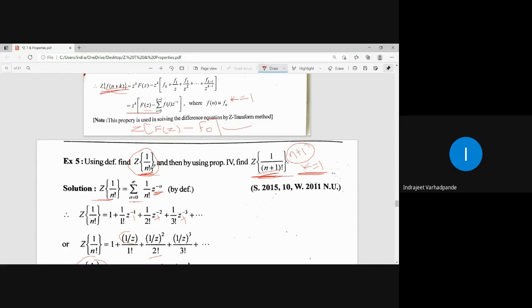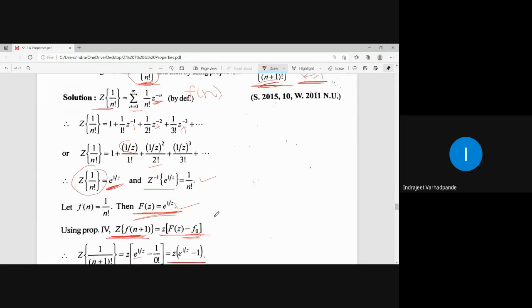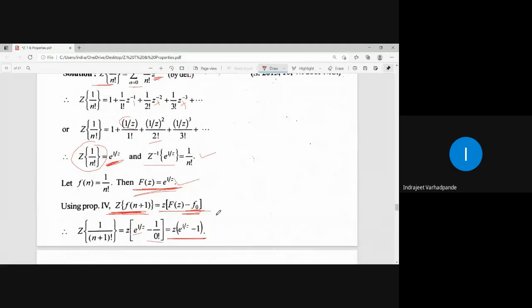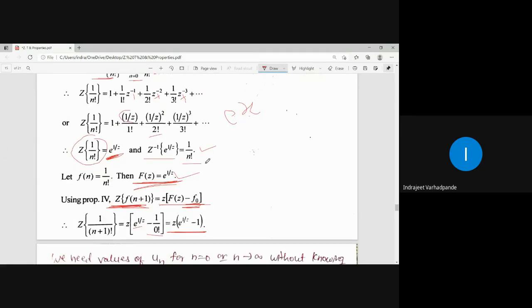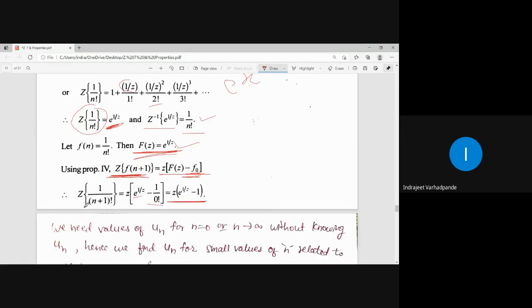And how will f of 0 come? 1 upon 0 factorial, because this is what is called f of n. So accordingly, I will be simplifying and getting the answer. Initially this is nothing but the expansion which can be compared with the series of e to the power x, and then we got the answer for Z transform of 1 upon n factorial as e to the power 1 by z, and using that we are trying to find the value for Z of 1 upon n plus 1 factorial.